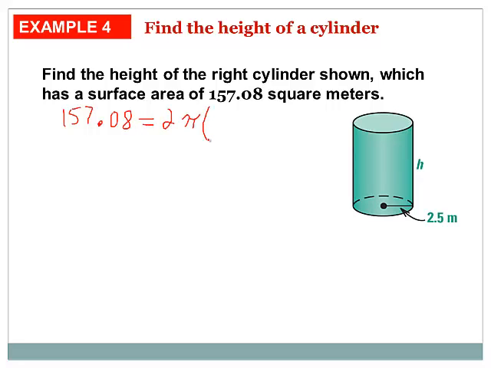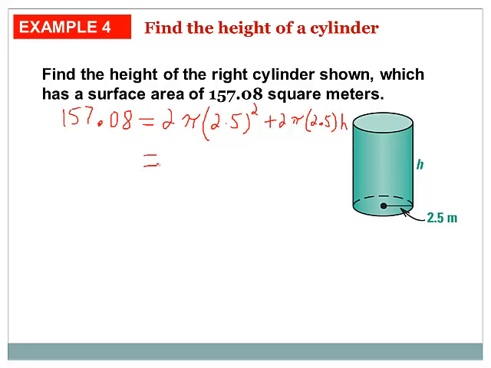Our radius, so we're finding the area of our bases first. So we do 2 pi r squared, which is 2.5 squared, plus 2 pi r, which is radius, which is 2.5, and what we're solving for is h, or the height.